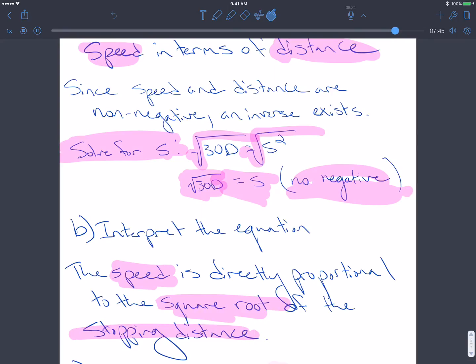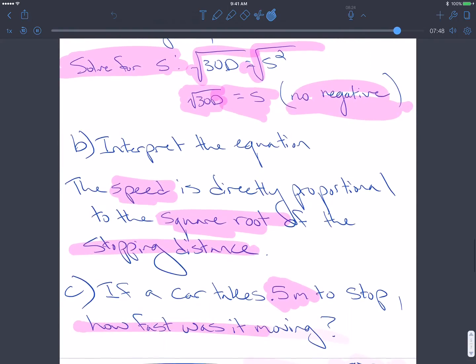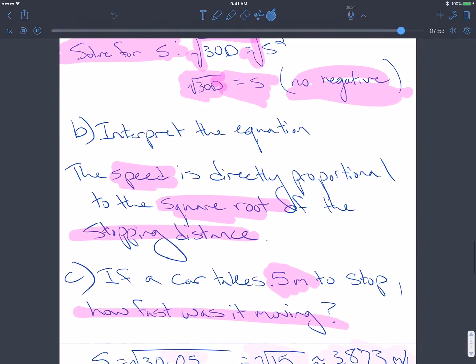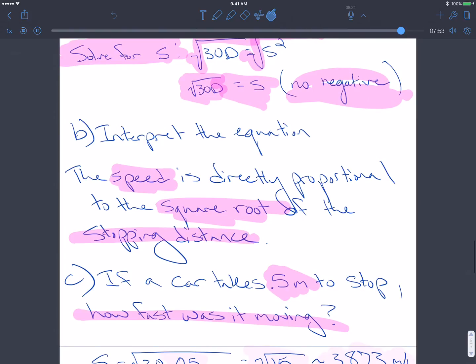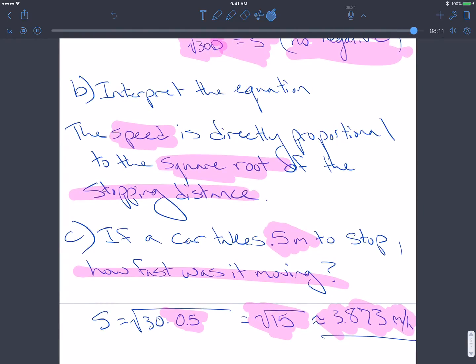So if I have a car that takes half of a mile to stop, how fast was it moving, given that equation? Then I would just substitute in half a mile as my stopping distance. So the speed would be the square root of 30 times 1/2, or the square root of 15, which is about 3.873 miles per hour. So only about 4 miles an hour, but it took half of a mile to stop.